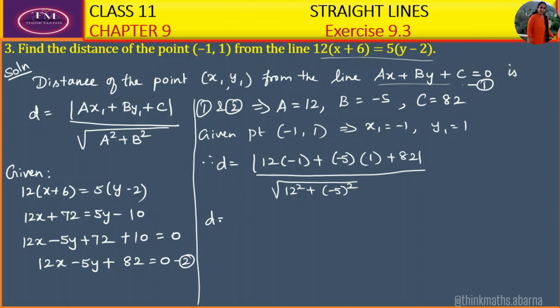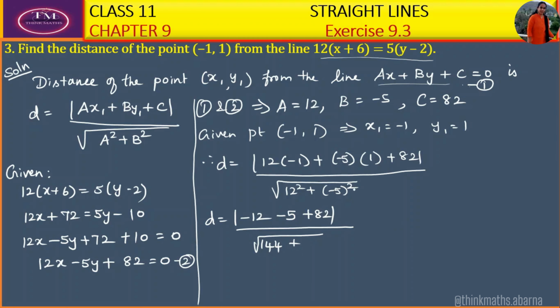So D is equal to 12 into minus 1, it is minus 12. Minus 5 into 1 is minus 5. So minus 12 minus 5 plus 82 divided by square root of 12 square is 144 and minus 5 square.